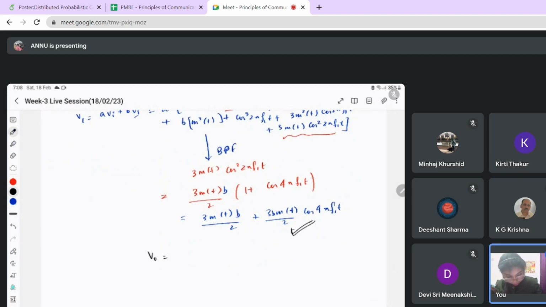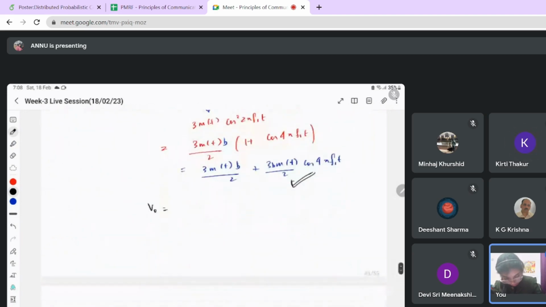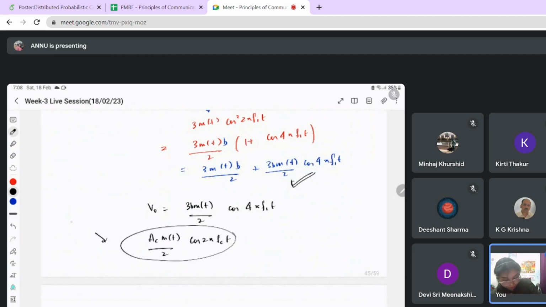So V naught is equal to 3 MD by 2 B should be there, cos 4 pi f1t. You know that A C m(t) by 2 cos 2 pi fct is the output of DSB-SC modulation, right?